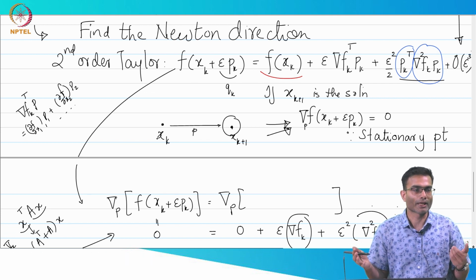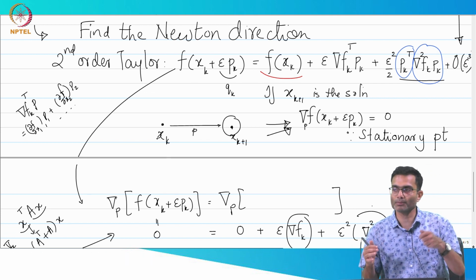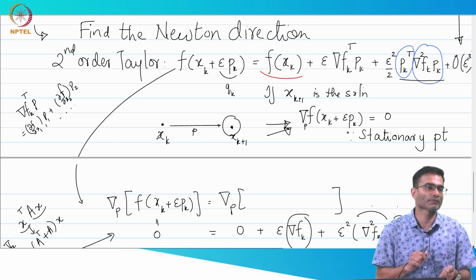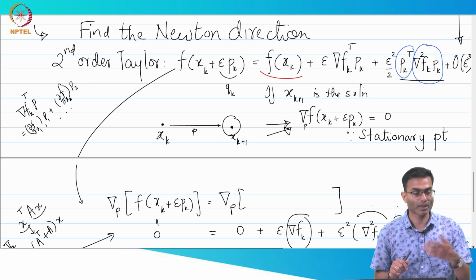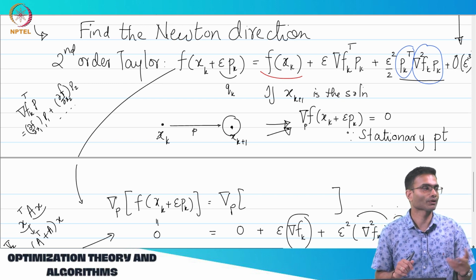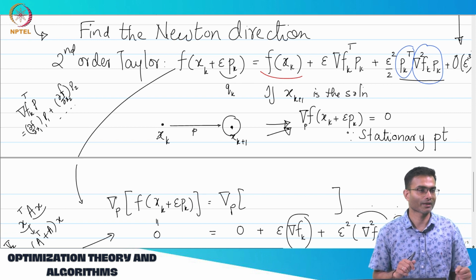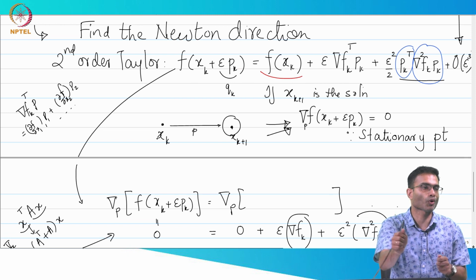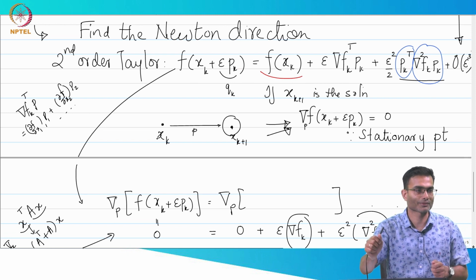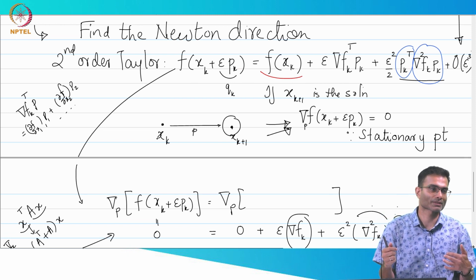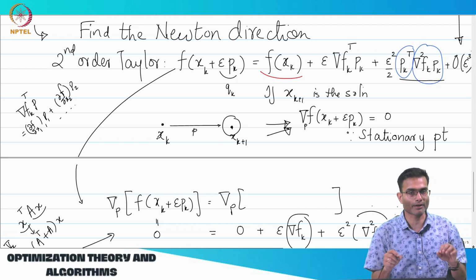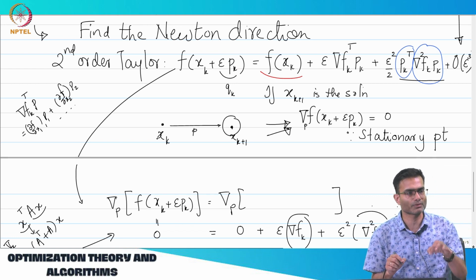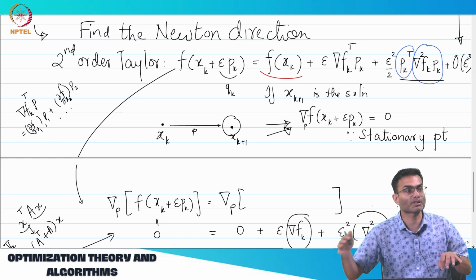If you are very hung up on the variable only being x, there is a very simple way around it. I will just rename my xk point. I will call it something else, ak, and I will say, now give me the amount I should walk, and I'll call that xk. Then you will take the derivative with respect to x. So we need to be flexible and identify what really matters. Over here, xk is fixed, xk plus 1 I don't know.